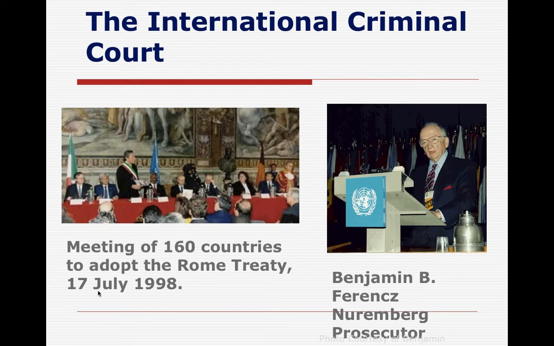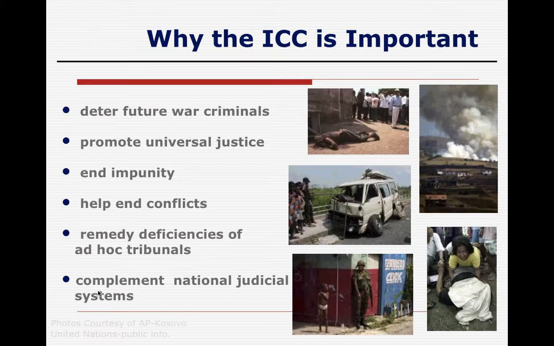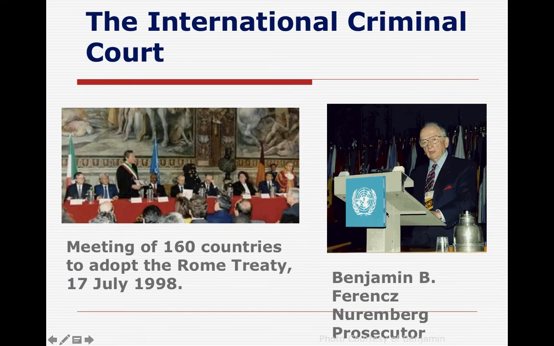This is some detail in terms of some of the people who were meeting in Rome and then enacting. Here is a picture of Benjamin B. Ferencz. He was speaking at those Rome treaty discussions, and incidentally he was a prosecutor at the Nuremberg trials.